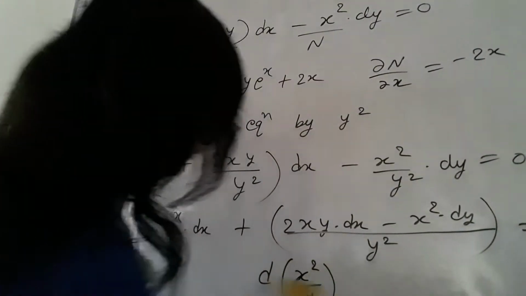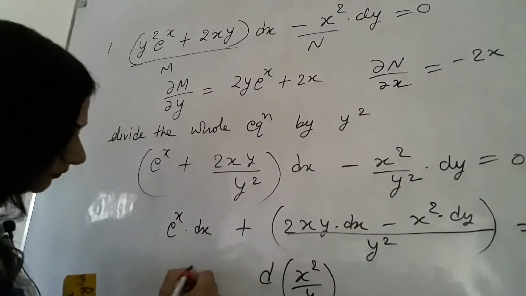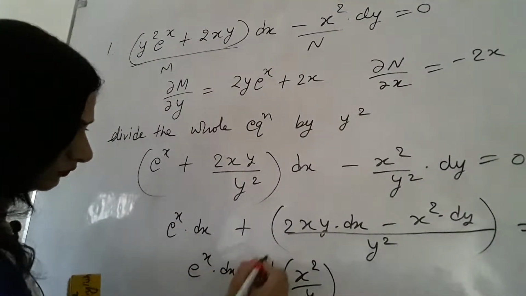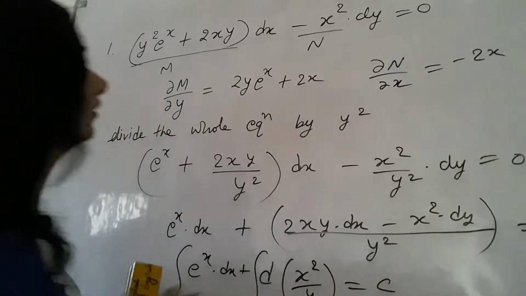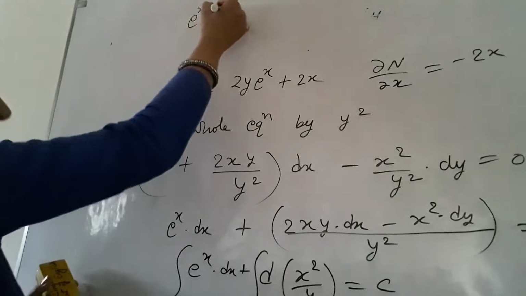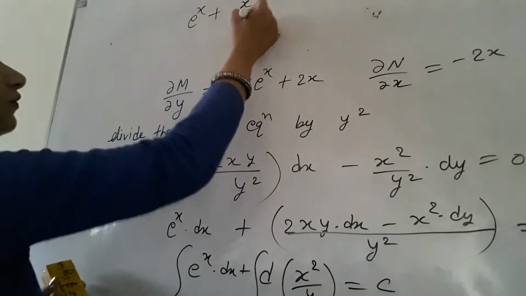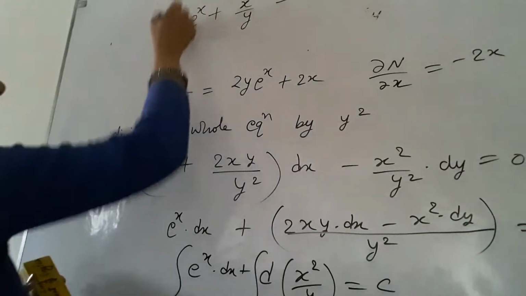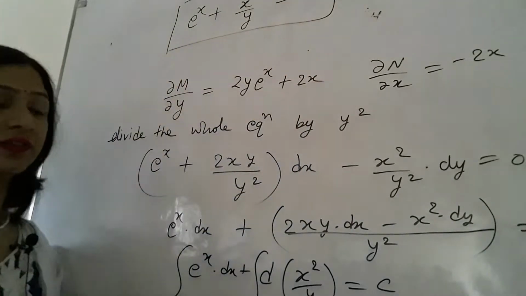So, now integrating this, we get the answer as e to the power x plus x square upon y is equal to c. So, it is our required answer.